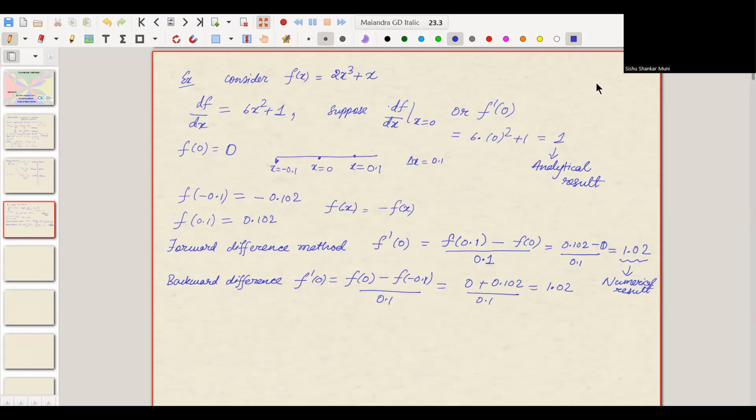Now the central difference method. So f dash 0 equals, from the definition, the forward point f of 0.1 minus the backward point f of minus 0.1, divided by 2 times 0.1.